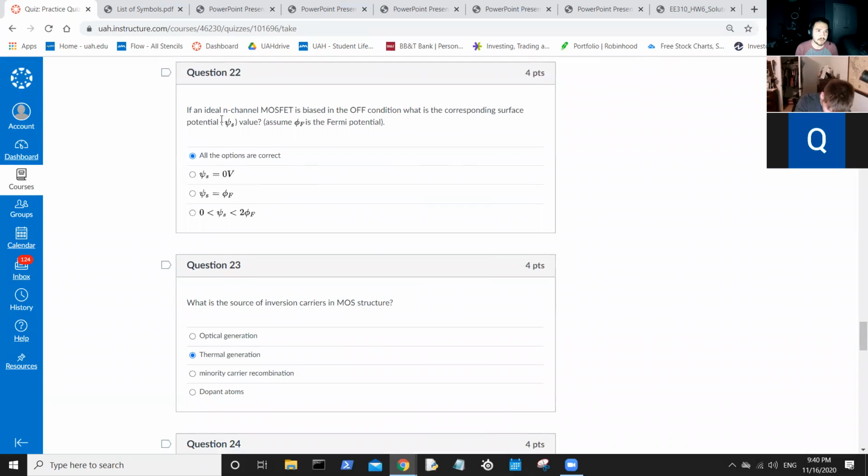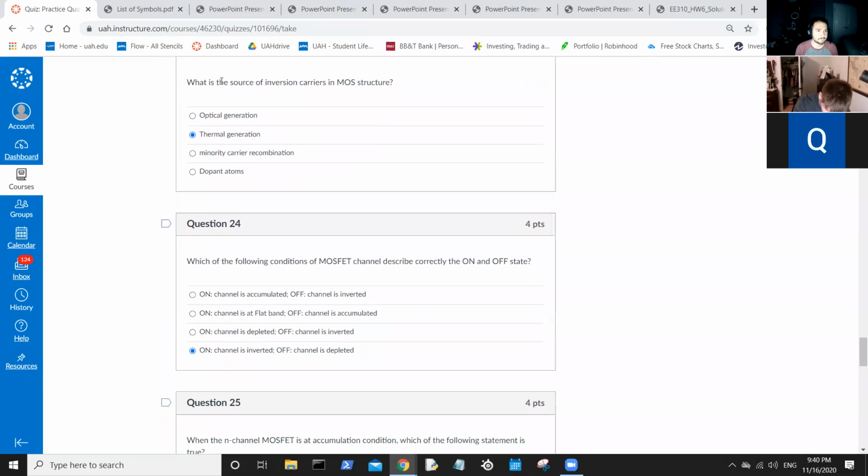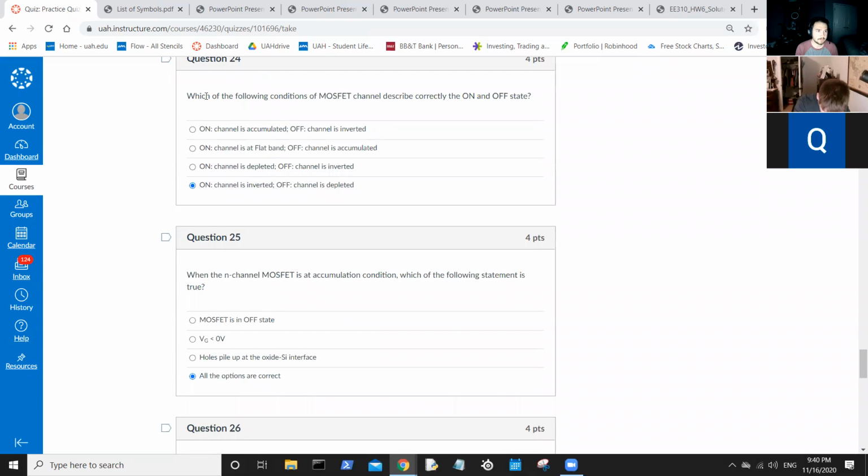If an ideal N-channel MOSFET is biased in the off condition, what is the corresponding surface potential? In here, all options are correct. What is the source of inversion carriers? As I said previous, it's thermal generation for inversion carriers.